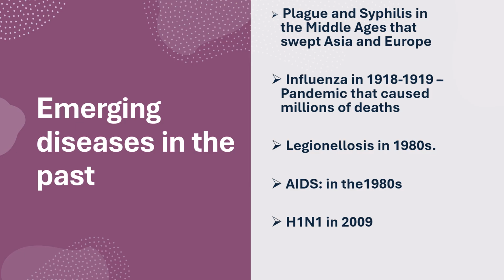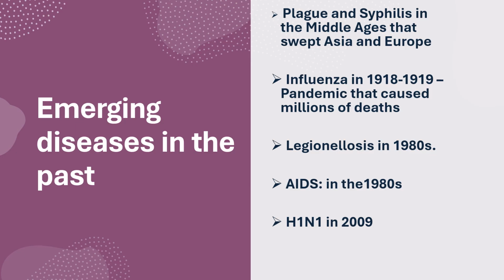Plague, at that time called the Black Death, was caused by Yersinia pestis, and there is a very interesting story about how Yersinia pestis reached Europe. And Treponema pallidum is the causative agent of syphilis.